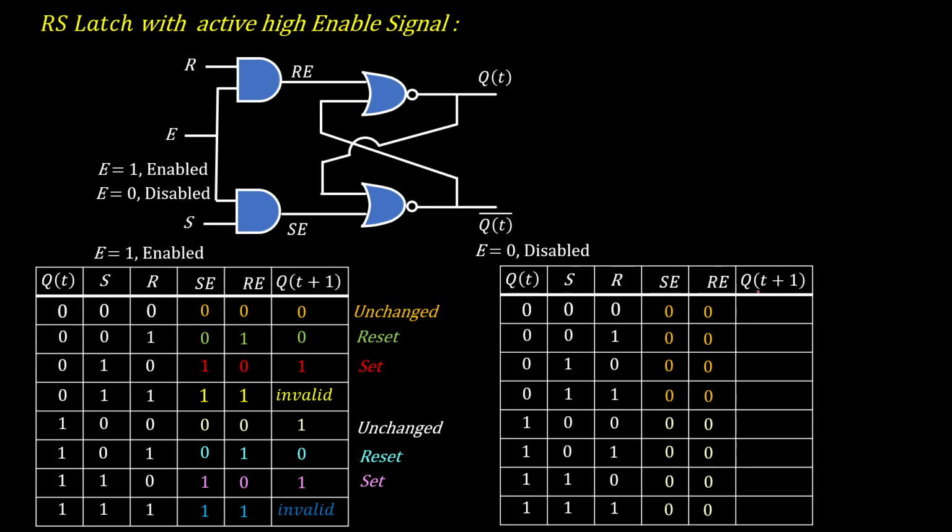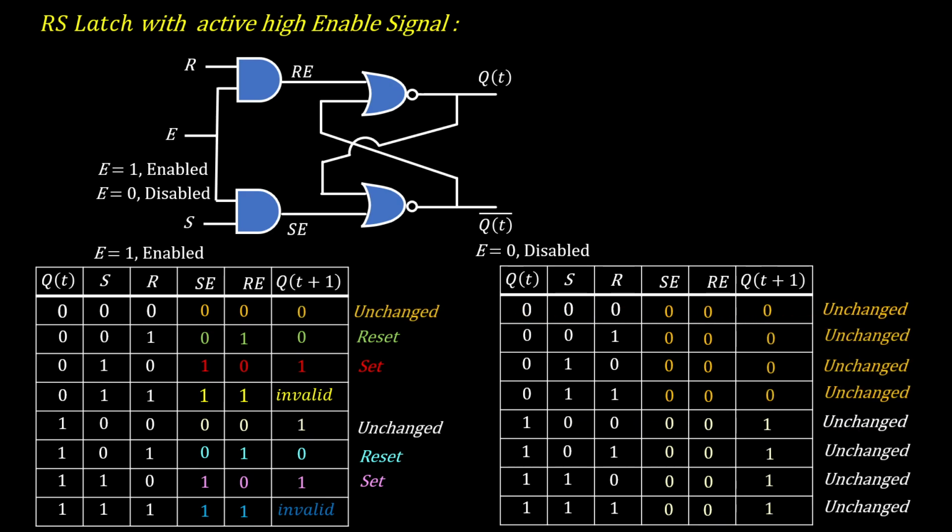Qt is always equal to Qt plus 1. So the state is unchanged. The circuit becomes independent of inputs. So this RS latch will be disabled if the enable signal is 0. And the expression for the next state will be Qt. Next state is equal to present state.